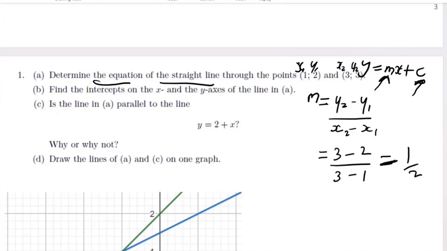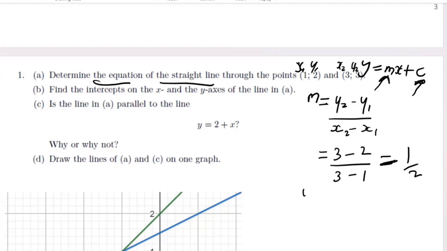And then you say, okay, fine, I've got my gradient, but I don't know my intercept. That is your y-intercept. Remember your c is your y-intercept. So now I know y is equal to half x plus c.